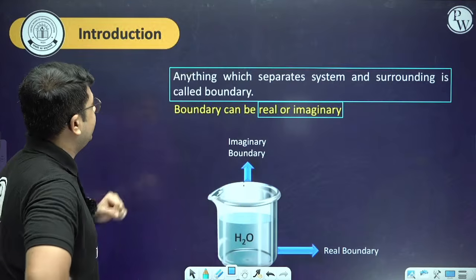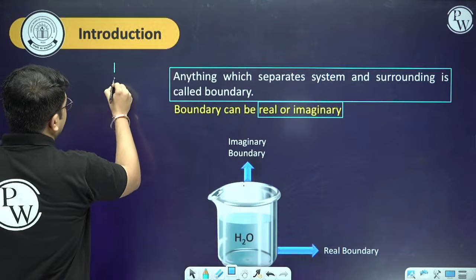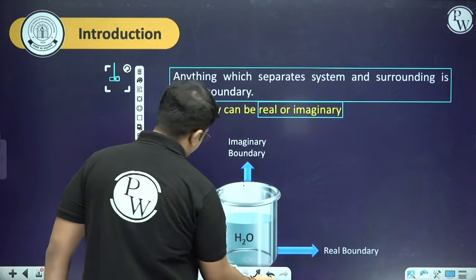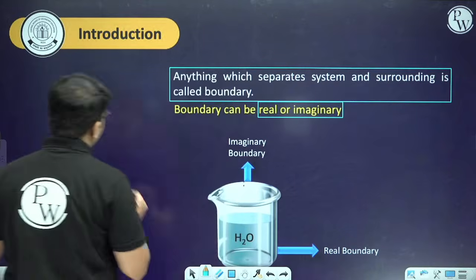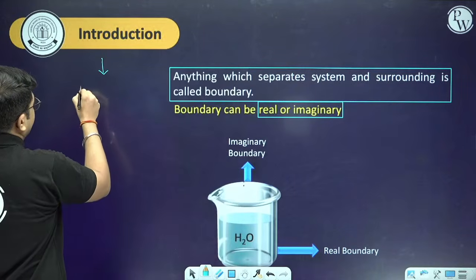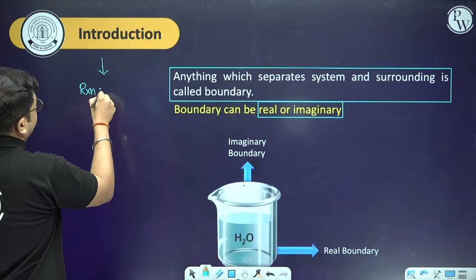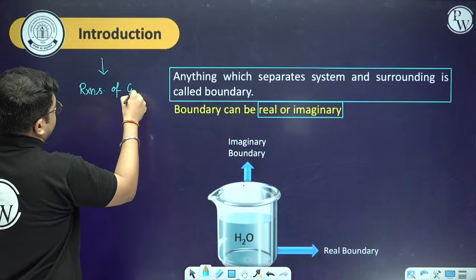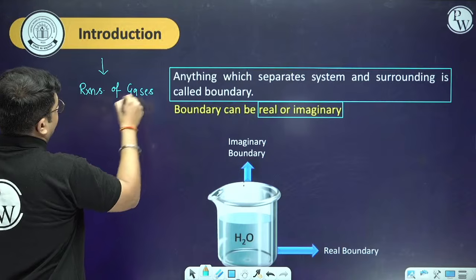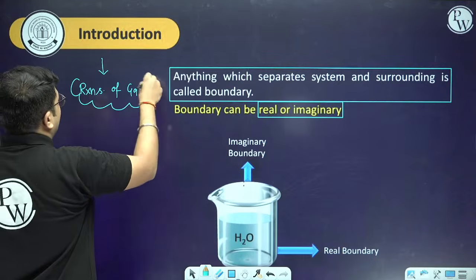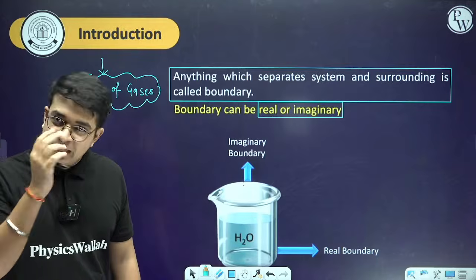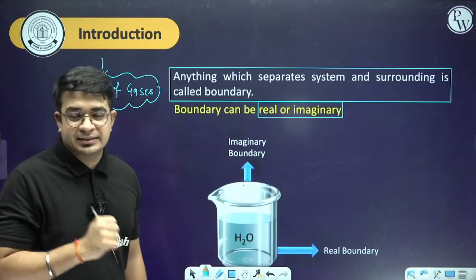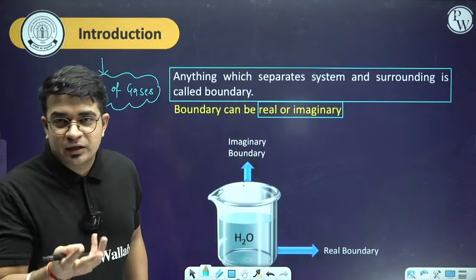So in this introduction, let me tell you that whatever we are going to discuss in this particular part is mostly related to reactions of gases. We know about gases now after completing the states of matter chapter, so we have a particular idea of what gases are and how a particular reaction takes place.